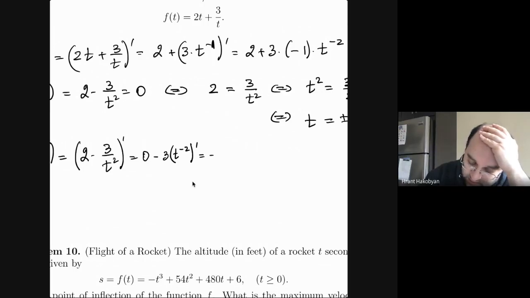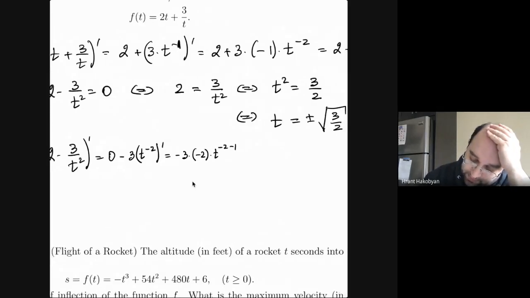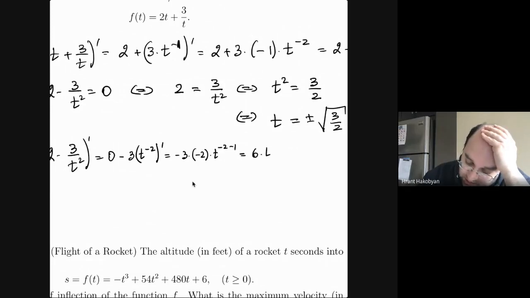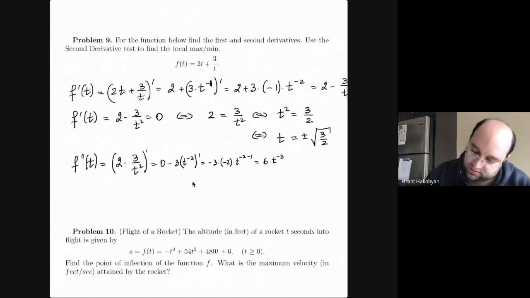So it's negative 3 times negative 2 times t to the power negative 2 minus 1, which is 6 times t to the power negative 3.